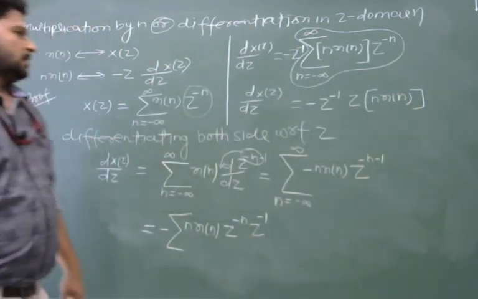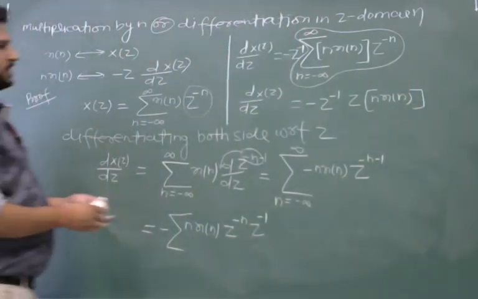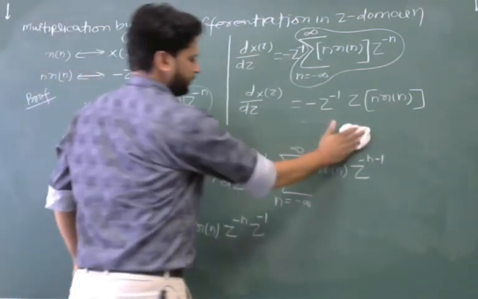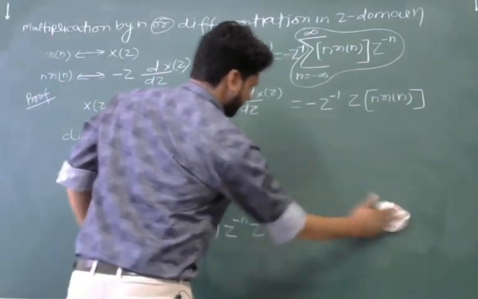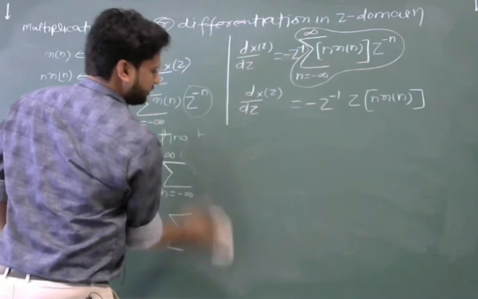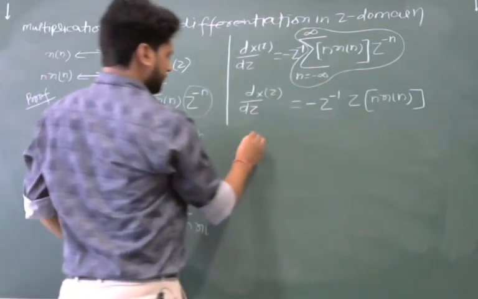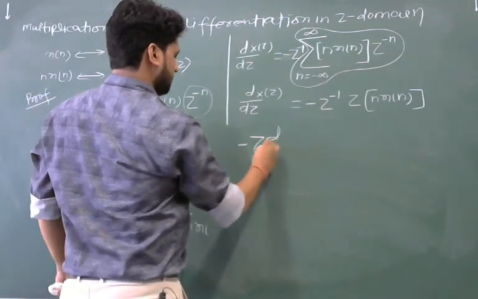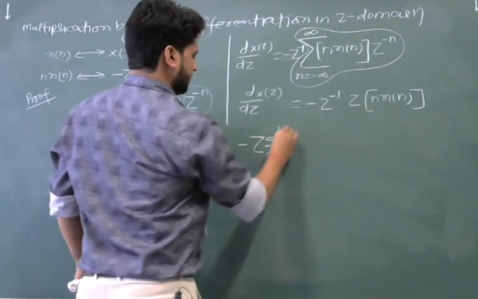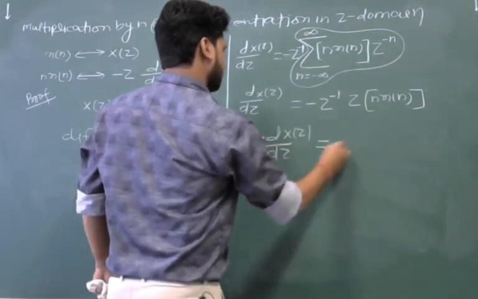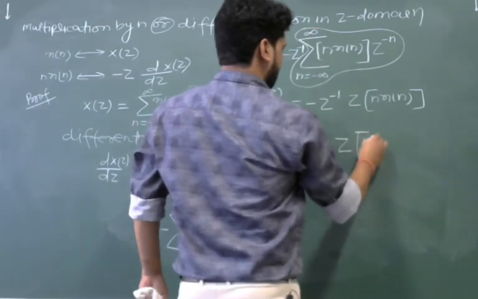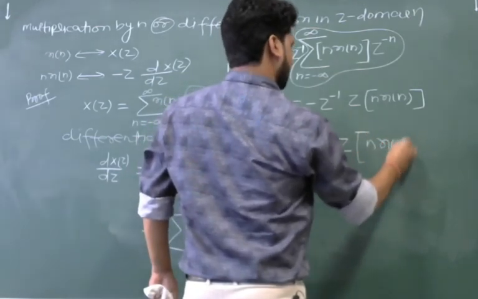So the z transform of n into x of n will be equal to minus z d by dz of x of z.